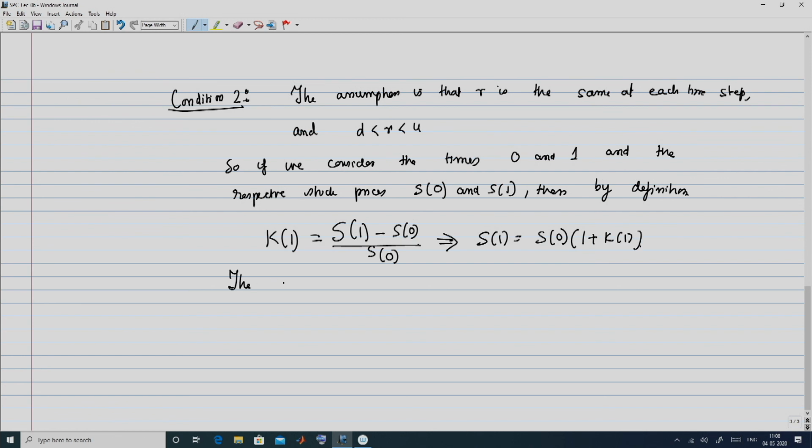Now remember that k of n, and in particular k of 1, can take two values.